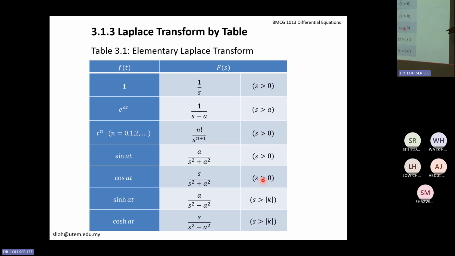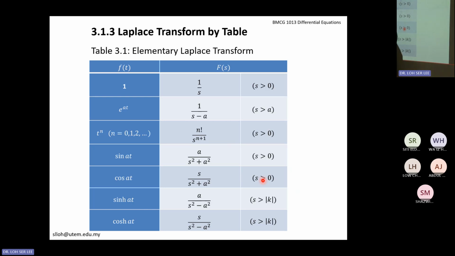So this is actually the formula of the Laplace transform. This formula will be given in any assessment that involves a Laplace transform question. Then you will be given the table. Actually, the Laplace transform is very simple. We just need to identify the value of a.